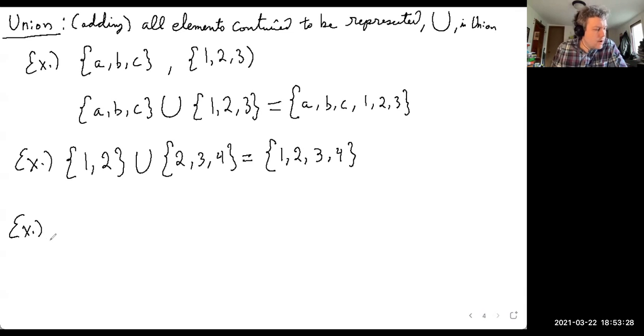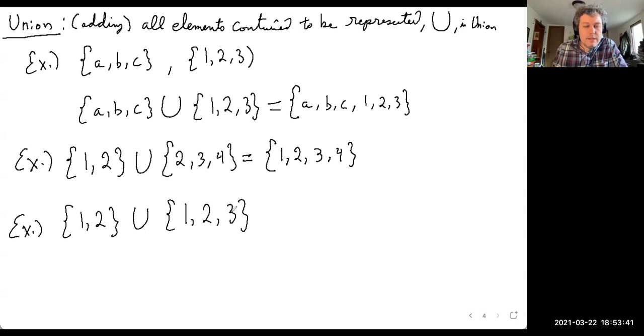And as I was describing this, I thought of one other good example I might show you. What if it was a subset? So let's say I had 1, 2, 3 here. What would this union look like since the left set is a subset of the right set? Well, it's just going to look like this set because all of the elements contained are now represented in the union.